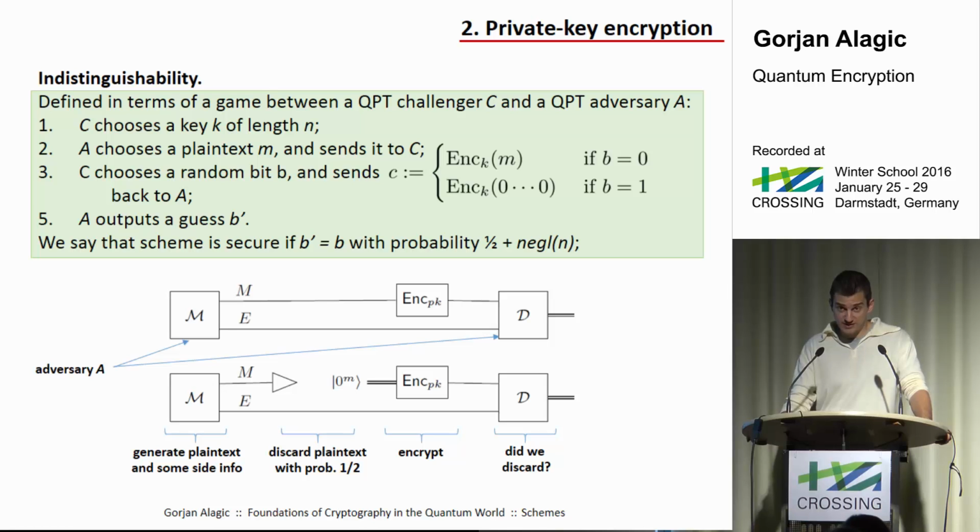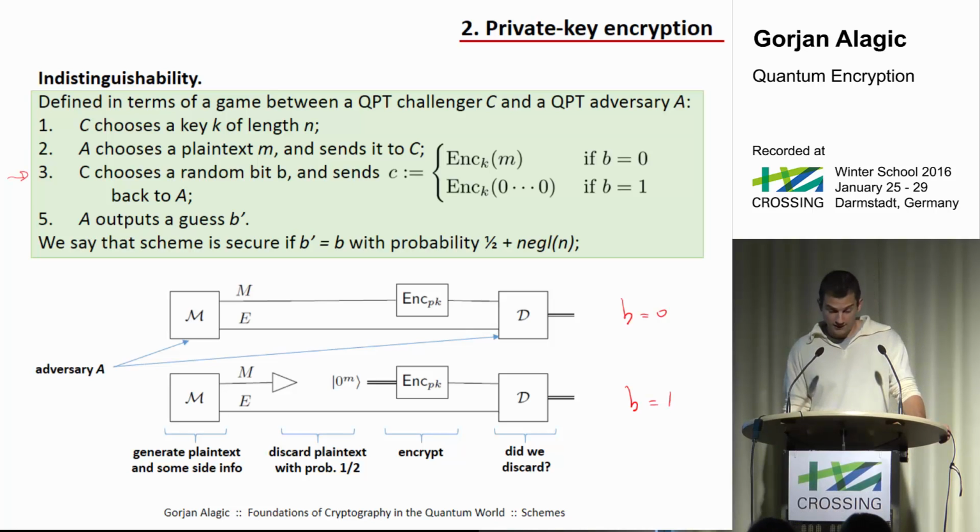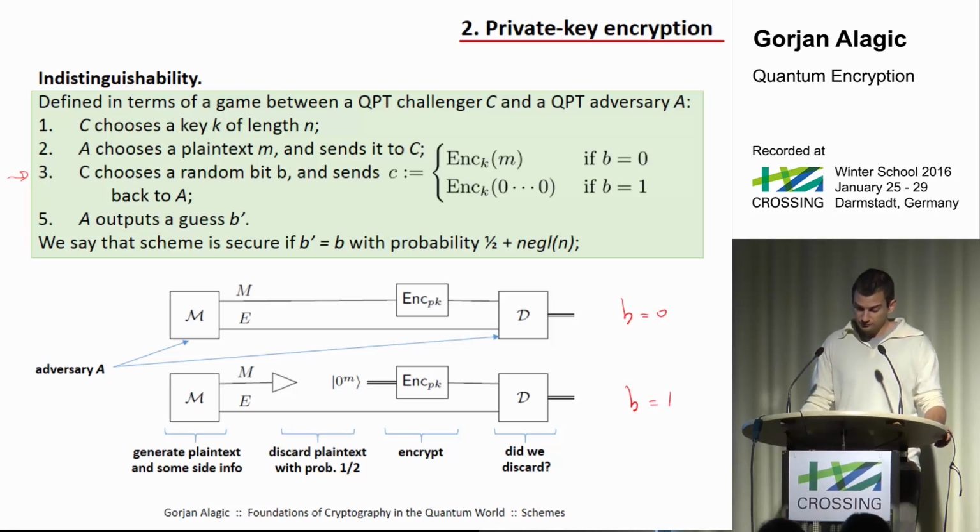So what's the picture? There are basically two scenarios. In the top picture, B equals 0, and this is B equals 1. In both cases, the adversary consists of two algorithms: the algorithm that happens before this challenge stage, and the algorithm that happens after.